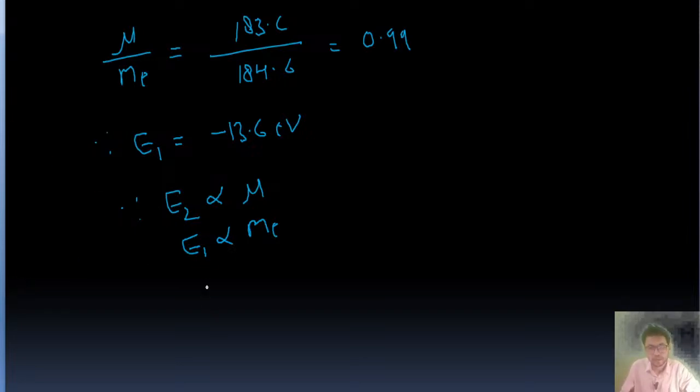So now we can write E2 upon E1, that is going to be mu upon me, and mu upon me value is this 0.99, because this is the proportionality constant, you know. So E2 is proportional to mu and E1 is proportional to me for hydrogen atom.